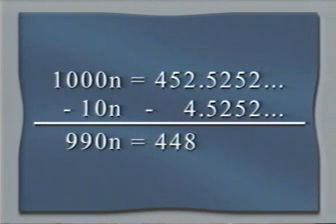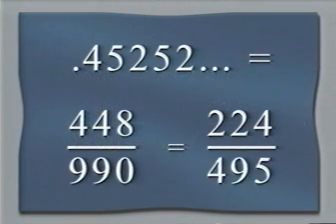The decimal portion drops out because they're both infinite repeating decimals. And I wind up with 448 over 990. This can be simplified to 224 495ths. So 0.45252 repeating is equal to 224 495ths.